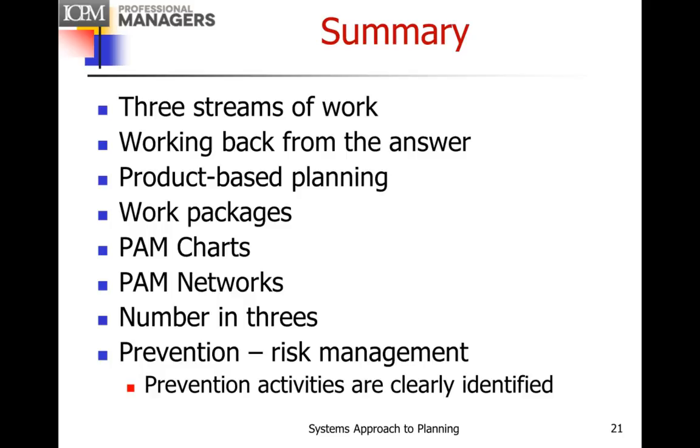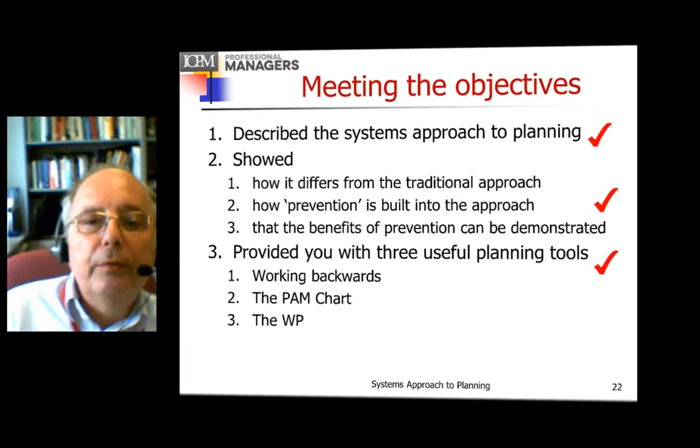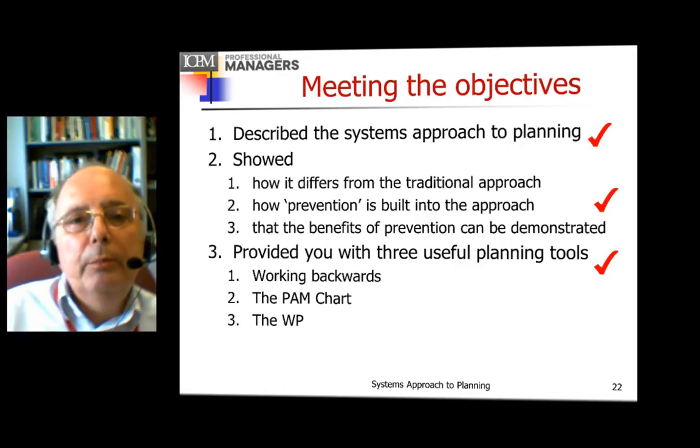So in summary, in this short video I talked about the 3 streams of work, working back from the answer, product-based planning, work packages, PAM charts and networks, numbering 3s and the benefits thereof, prevention and risk management, and how the prevention activities are clearly identified. So I met the objectives.